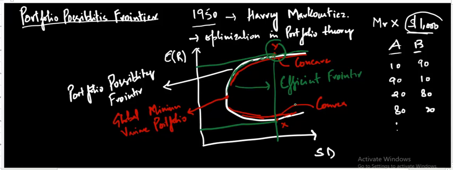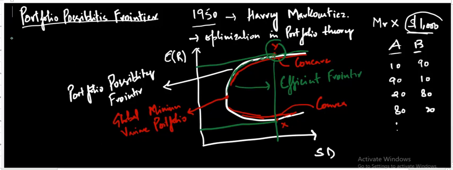But now we need to understand the basic difference. Let me first talk about this. This graph is also known as the minimum variance frontier, which gives us the lower amount of risk for the same amount of returns. But what is the difference between these two, X and Y?